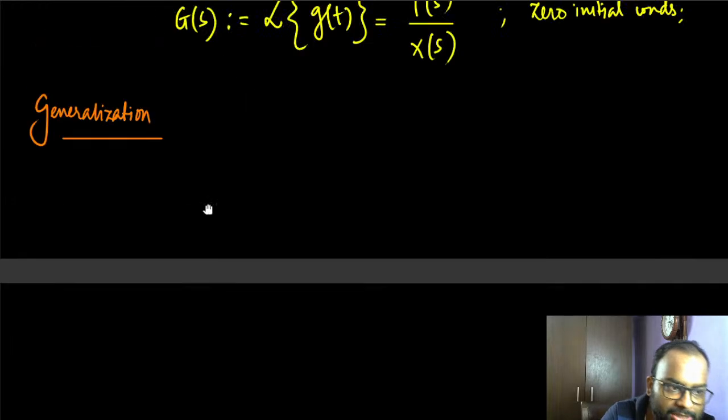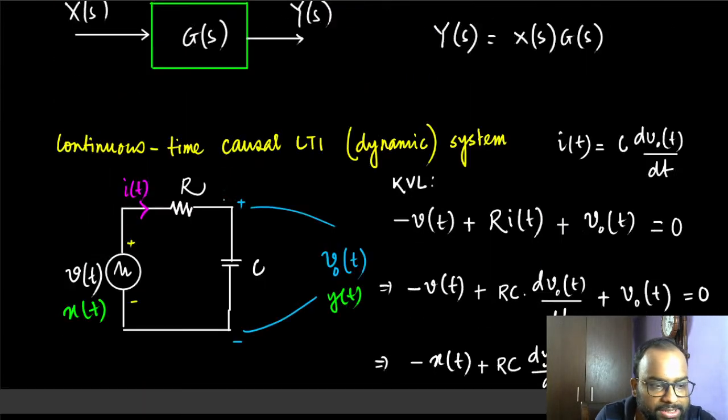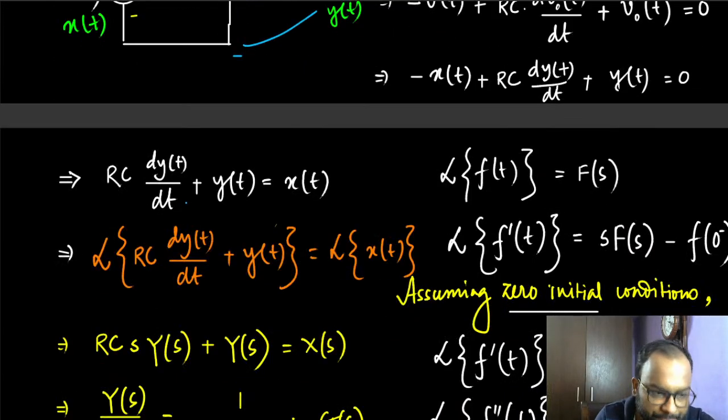So the generalization is that if we are talking about a system that has a differential equation which looks like this. We saw that this very simple system was modeled using a differential equation.